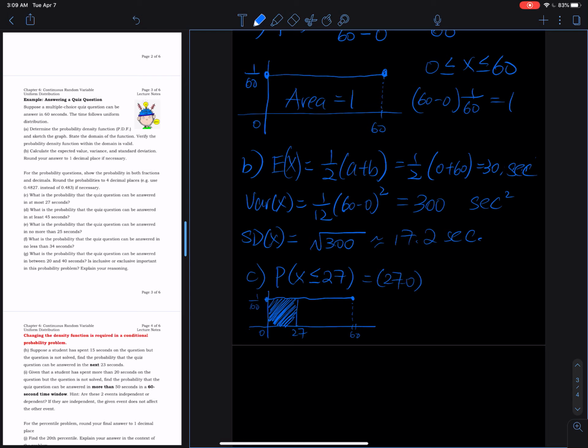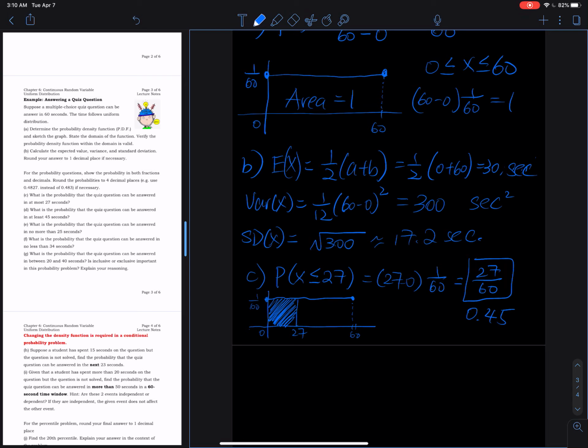In most cases, this can be your answer. You don't really have to simplify the fraction because this is a probability question, not about simplifying fractions. Or you can take 27 divided by 60, which equals 0.45.